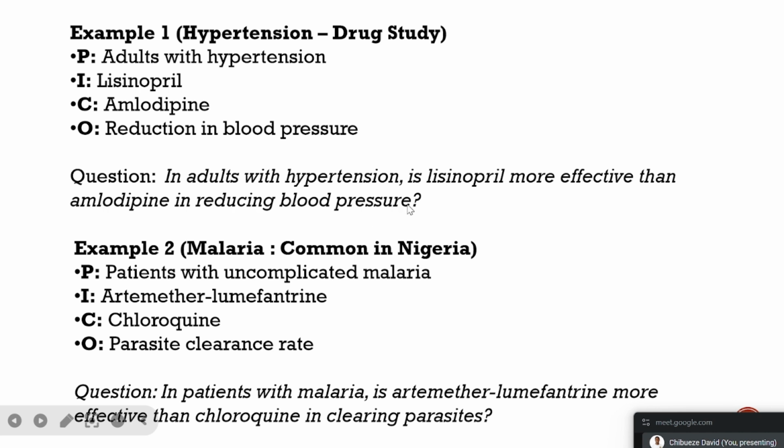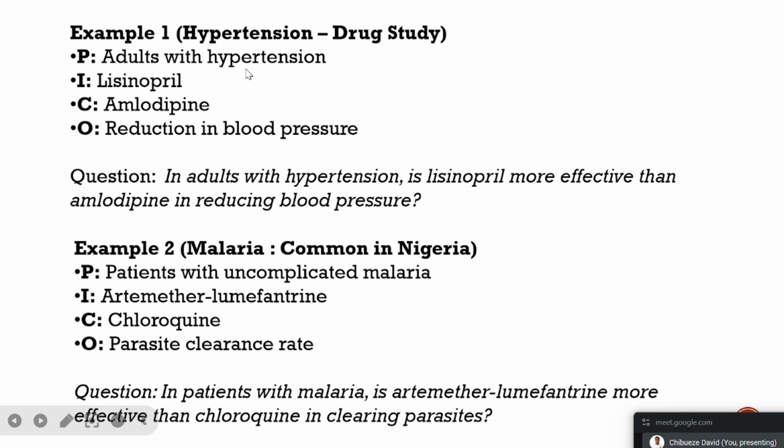If I want to make my question more detailed, I can say, in adults or in patients. Patients can vary from adults to babies and everything, but it is good to niche down your research question so that your research objective can be clear. If you have a broader research question, it is too broad.